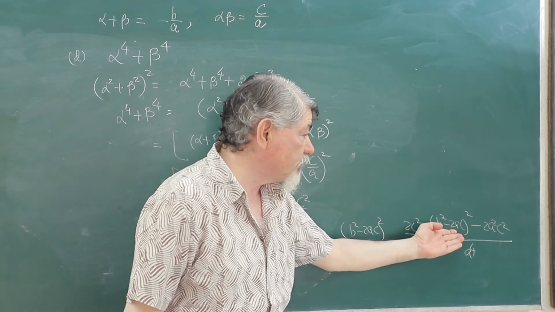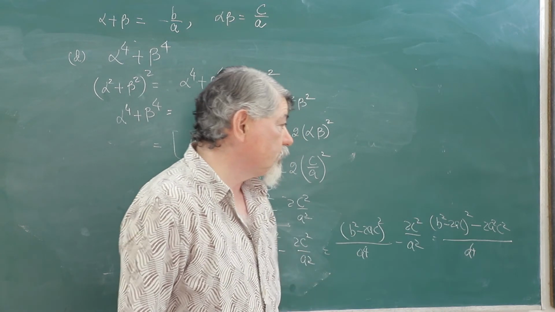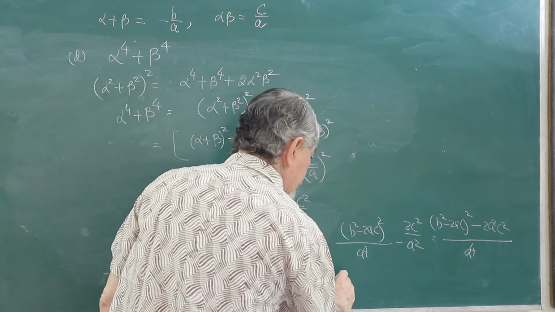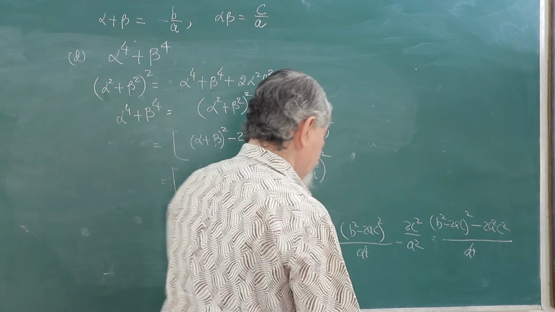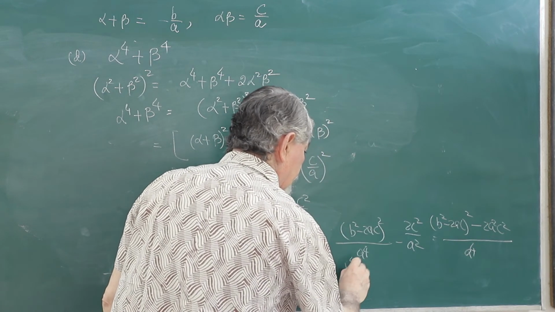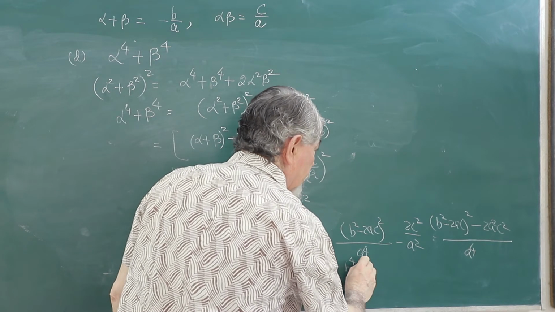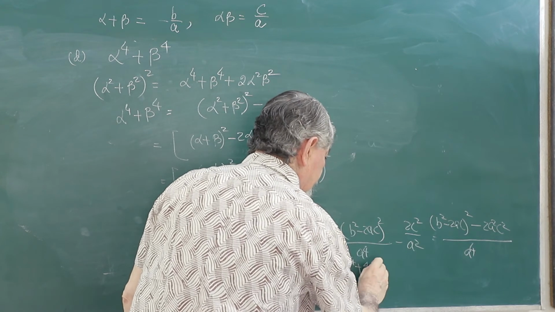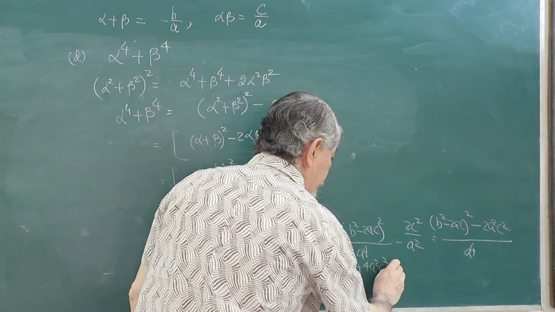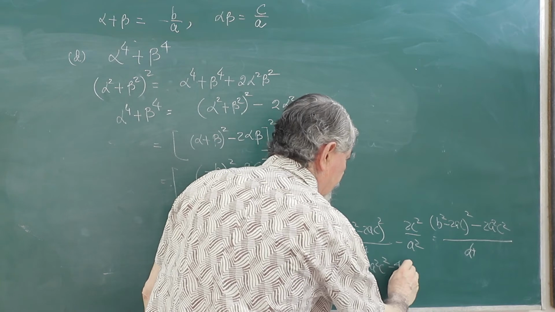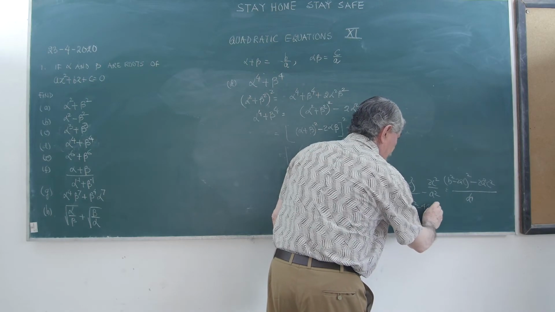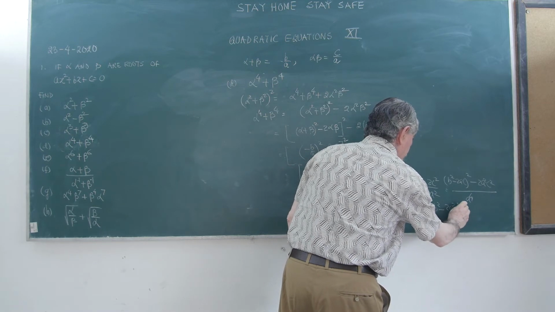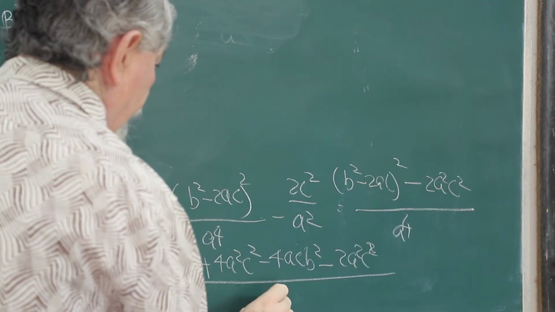You can expand this also and you can sort it out also if you want. What will it become if I expand it further? B square minus 2ac whole square will be b4 plus square of this 4a square c square and minus 4acb square minus 2a square c square upon a4.